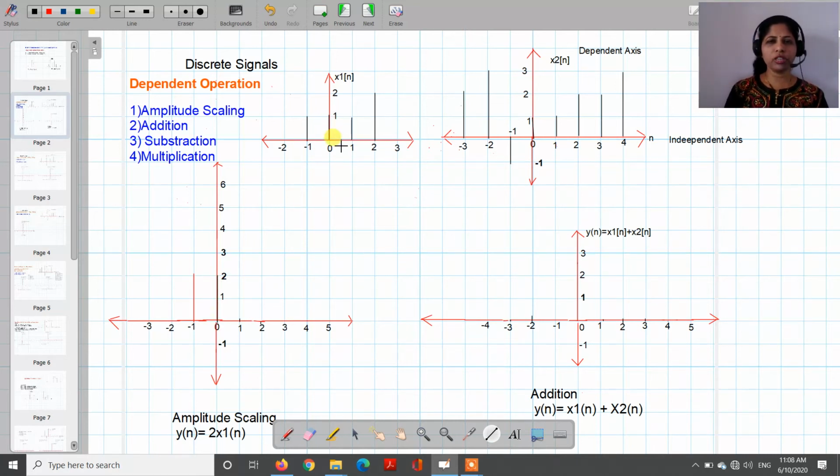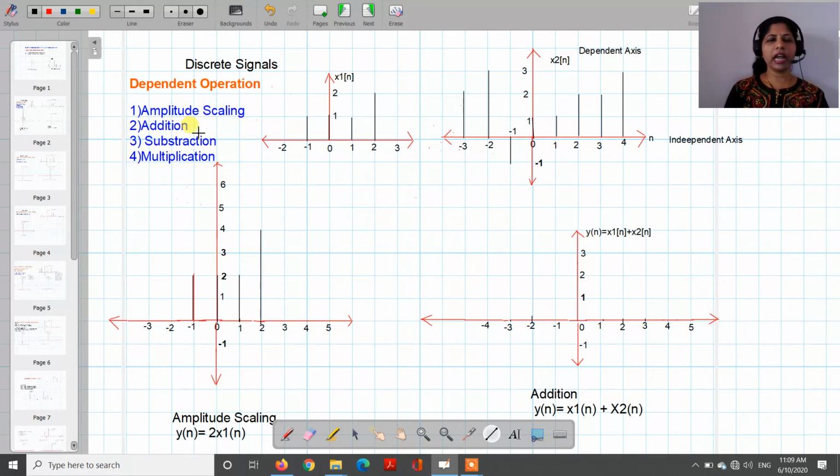Next at 1, the original amplitude is 1, 1 multiplied by 2, again 2. At 2, the original amplitude is 2, so 2 multiplied by 2 is 4. So after performing the amplitude scaling operation with scaling by 2, there is a change in the amplitude of the samples.